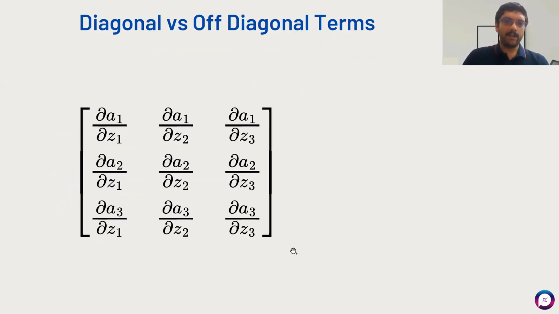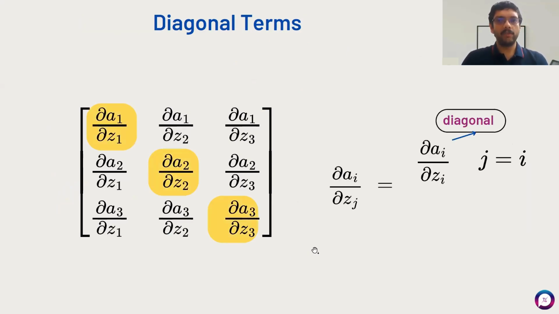When you look at this, and now I'm going to focus on a 3 by 3, just to keep it simple. So assume three outputs and three inputs. There are the terms on the diagonal of this matrix. So we're going to say the diagonal terms, which is basically for dou Ai, the ith output versus the jth input, we're going to have the term where j is equal to i.